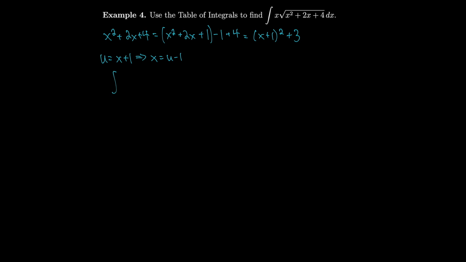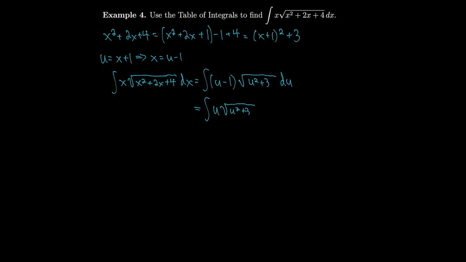And we get the integral of x times the square root of x squared plus 2x plus 4 is equal to the integral of u minus 1 times the square root of u squared plus 3. So we can distribute and get two integrals. One is u times the square root of u squared plus 3, and the other one is just the square root of u squared plus 3.